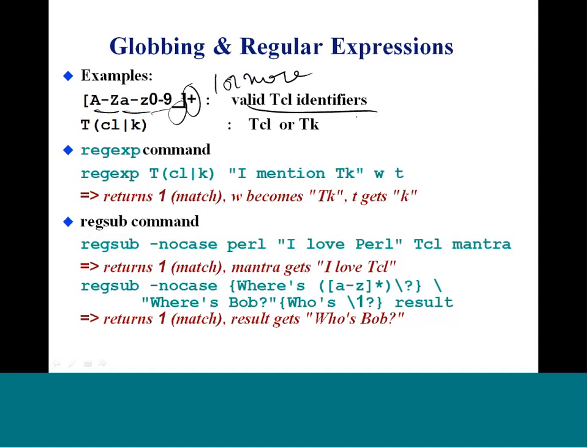This is a valid Tcl/Tk identifier, so any kind of variable names use this. Then here we say Tcl/Tk or Tk, with parentheses and the bar: T, C L or K, so that matches Tcl/Tk or Tk.